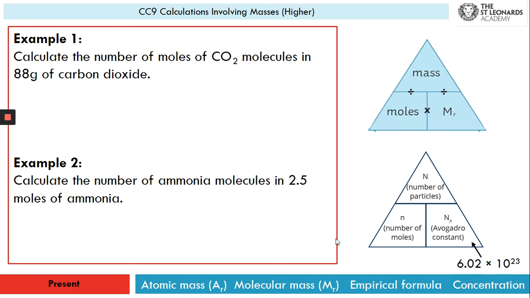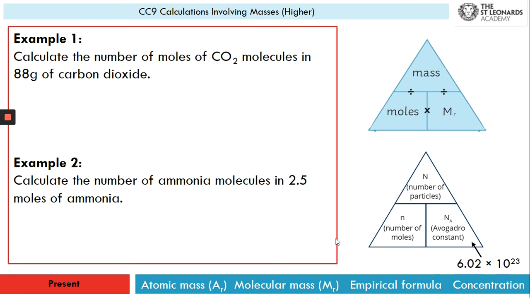Example 2. Calculate the number of ammonia molecules in 2.5 moles of ammonia. So it's asking us to work out the number of molecules, or the number of particles. So we do the number of particles equals the number of moles, which is 2.5, times Avogadro's constant.